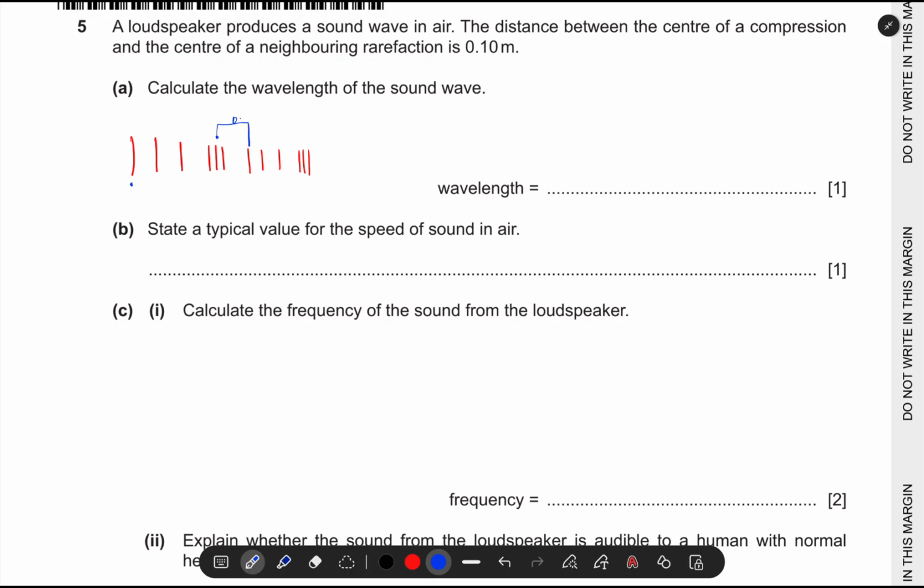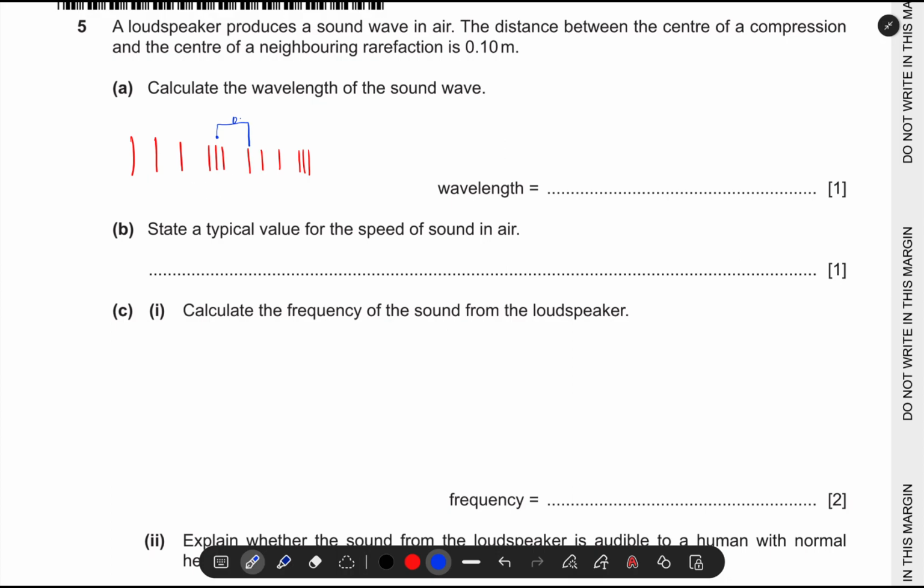For us to find the wavelength on a longitudinal wave, you should start from there and go all the way through the entire part. So we have a rarefaction and a compression from there to there. If I start from the middle here, I'll also end on the middle there. If I start from the middle here, I'll also go on to the next rarefaction and end on the middle.